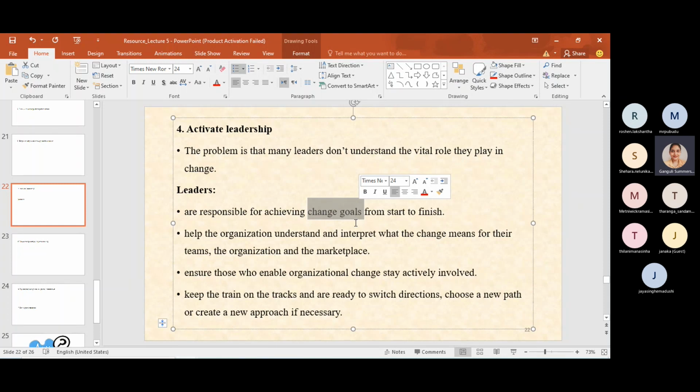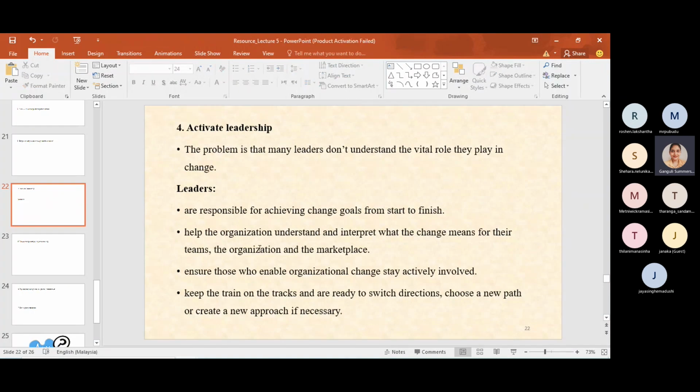The leaders should be there from start to finish in order to achieve these change goals. And as an active leader, you should also help your organization to understand what this change means, right? What is this change about? You need to help the organization understand what the change means for their teams, the organization, and the marketplace.